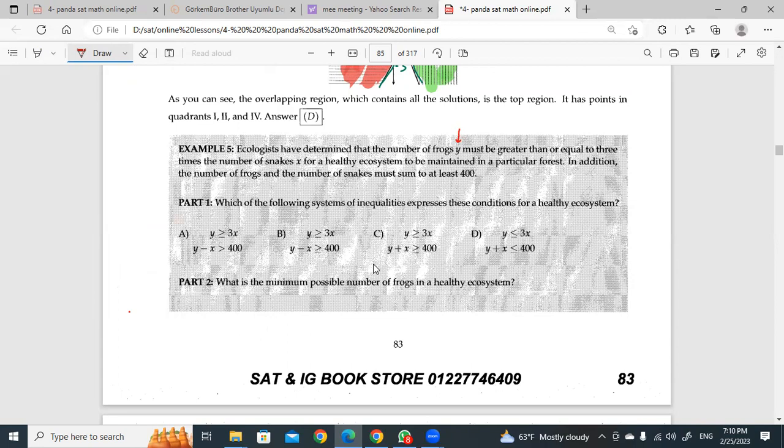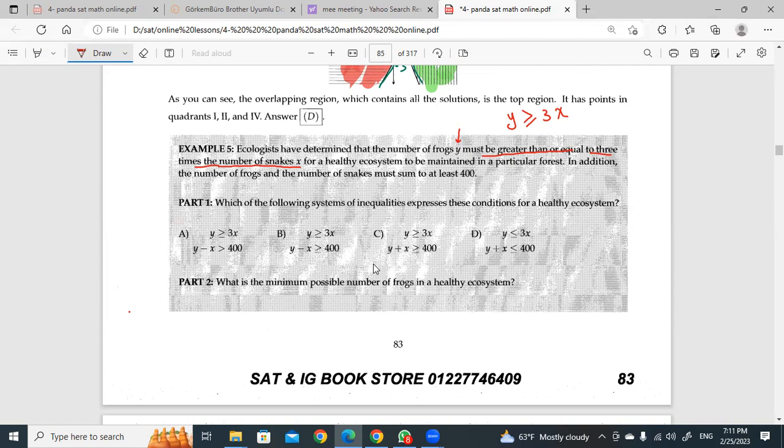So y must be greater than or equal to 3 times what? The number of snakes, x.